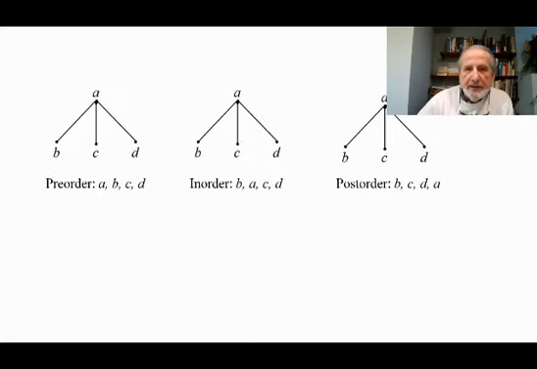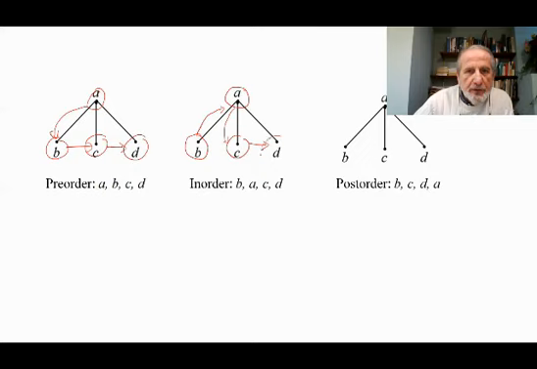So let's see this concept again when we have this situation here. For the preorder: A, B, C, D. The inorder, watch it. You start with this here, you go right to the root, and you go down and do the other children.